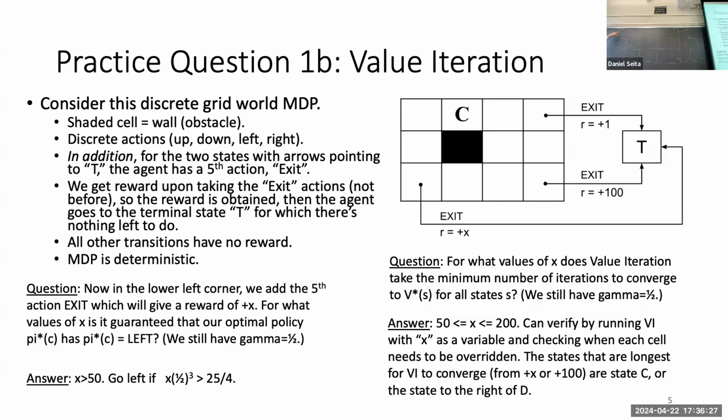And then if you have x as 200, you can compare: if x is greater than 200, then this thing would be updated with the updated value of x. So if you had x over 16 versus 25/2, then x versus 25.